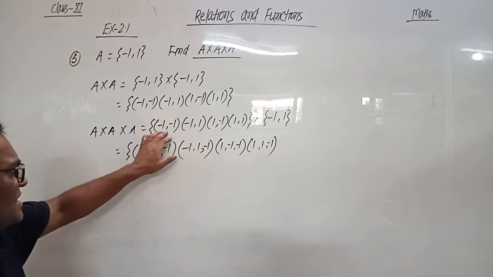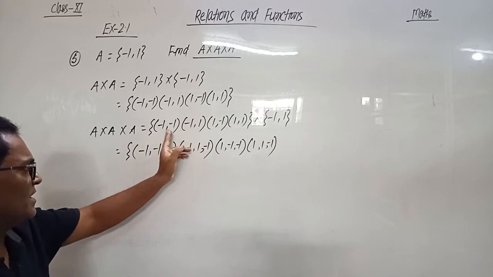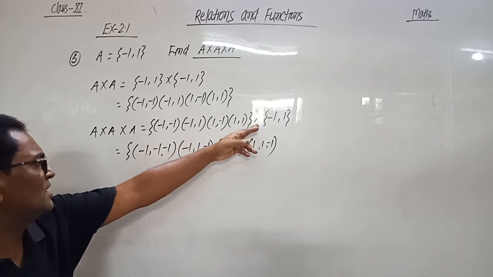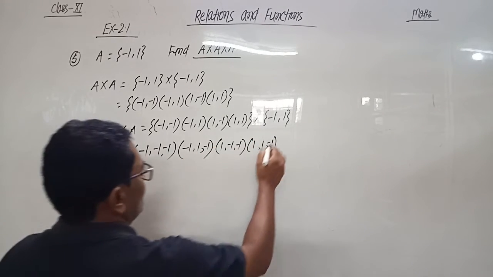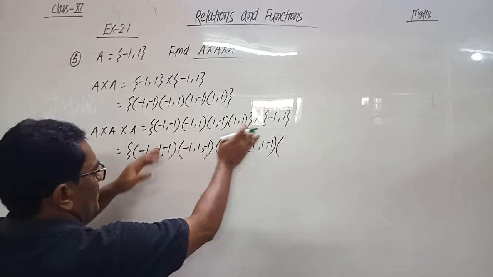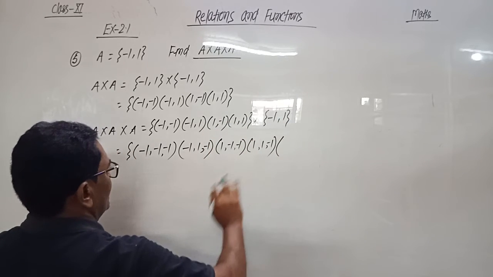We have taken the first element as the ordered pair and the second element from A, and then all these ordered pairs would be taken together with A.